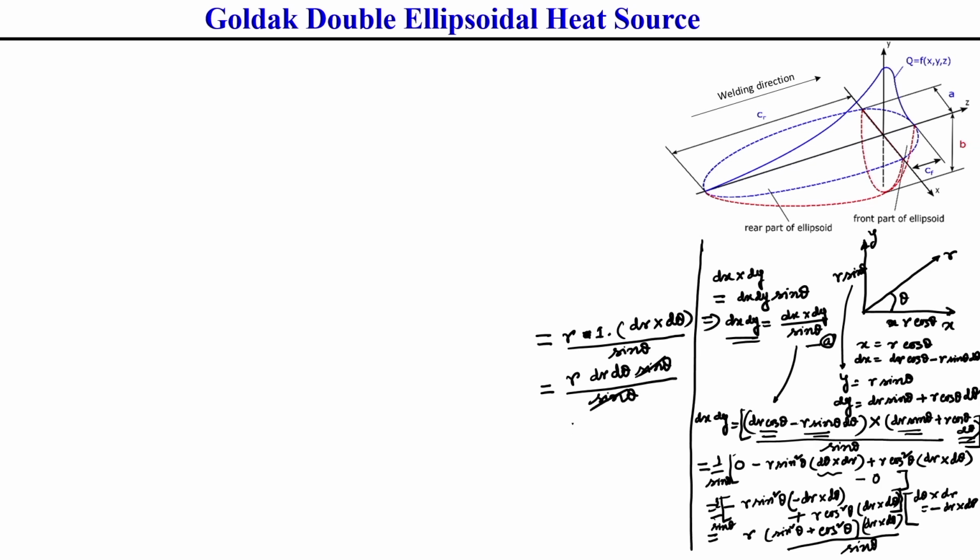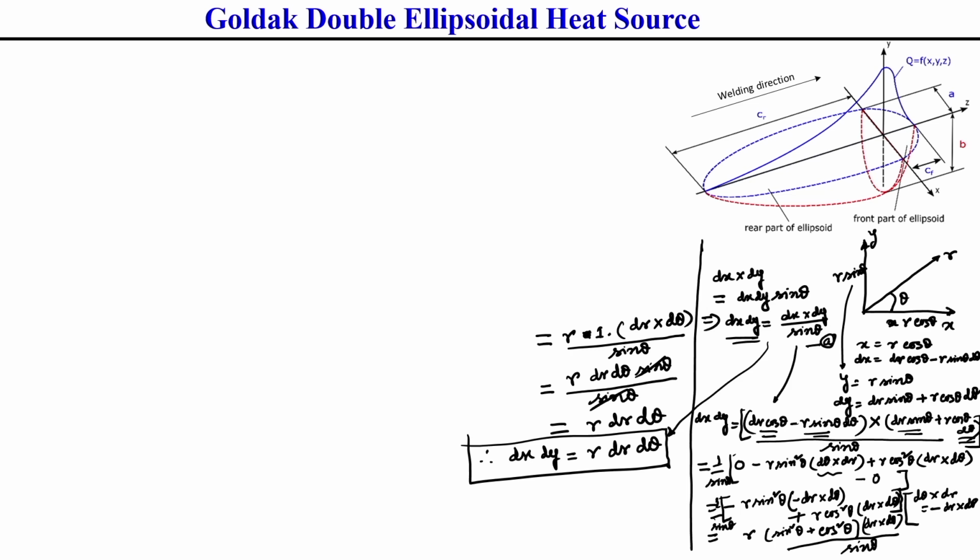This sin theta cancels out. What are we getting? r dr d theta. So, I think you got the idea how dx dy, from equation A, is equal to r dr d theta. This thing is proved. So, this is coming from this equation. You got the idea, clear.